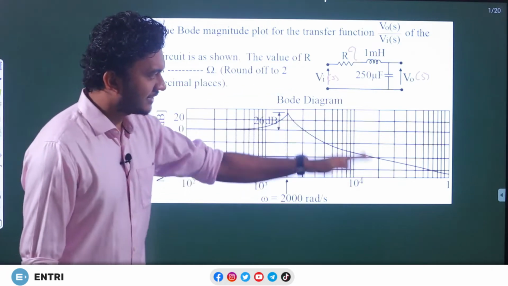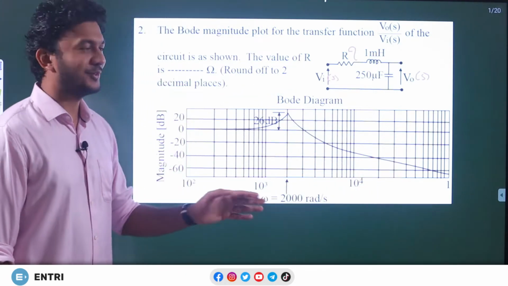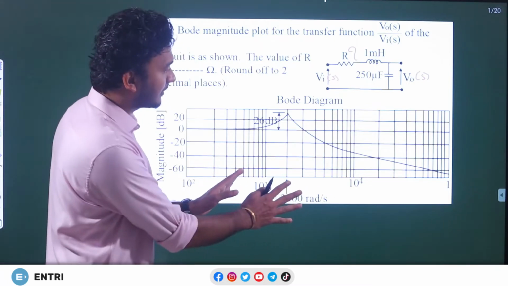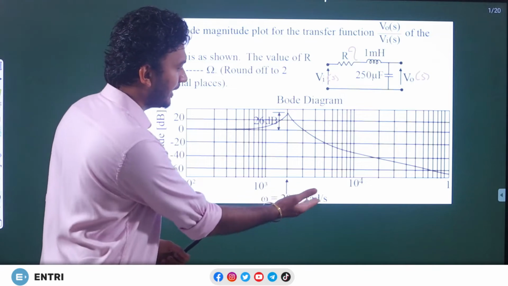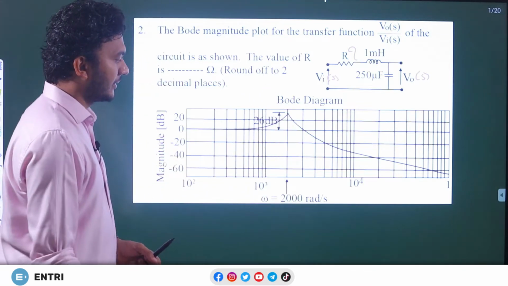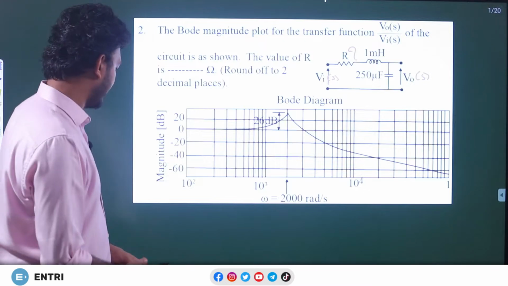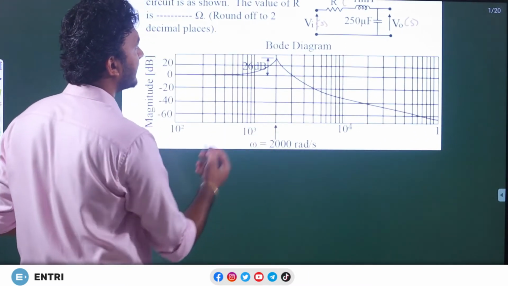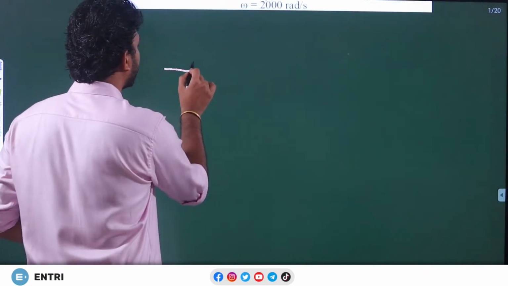If you see figures like this with lines, don't worry, it is a basic question only. You simply look into this. At 2000 radian per second, you have got 26 dB, correct. So what is our series RLC circuit?